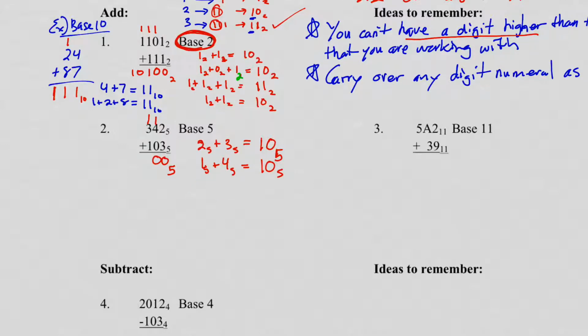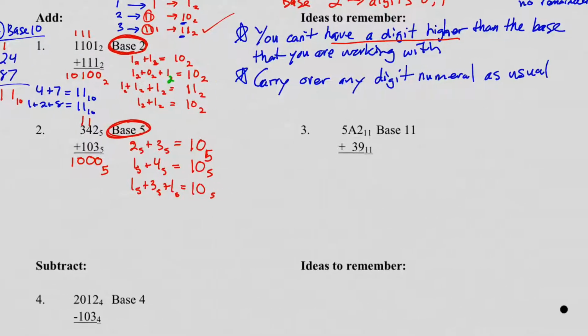All right, so why are we doing this? Making sets of 5s because it's in base 5. Okay, let's go to number 3.